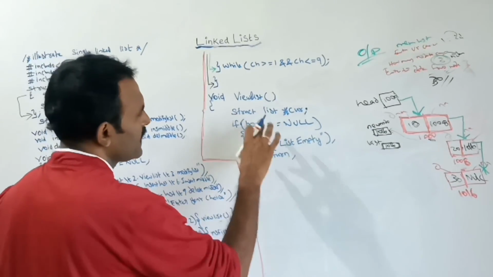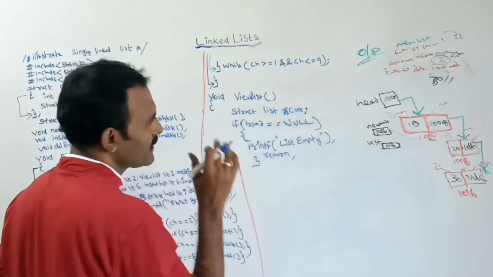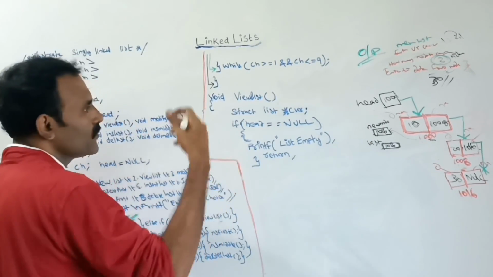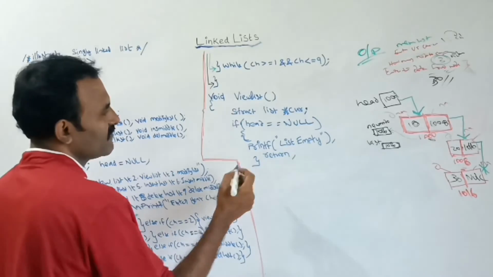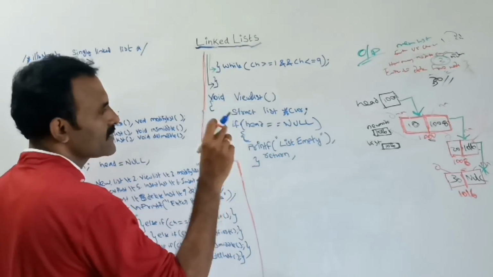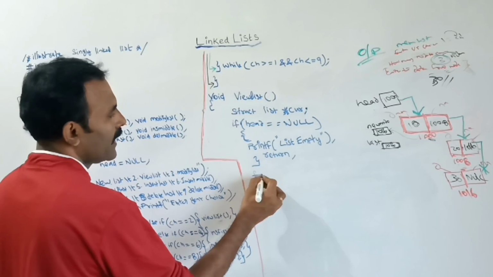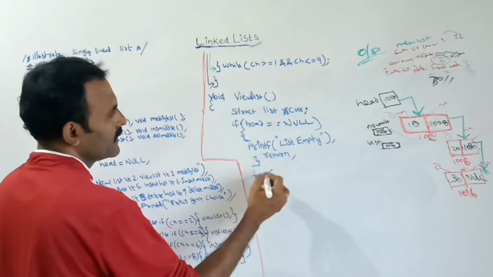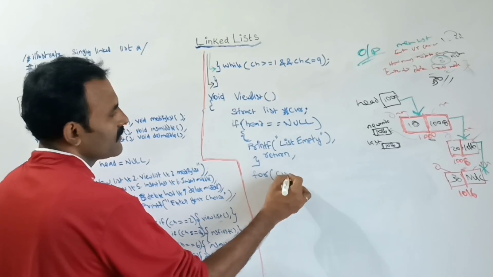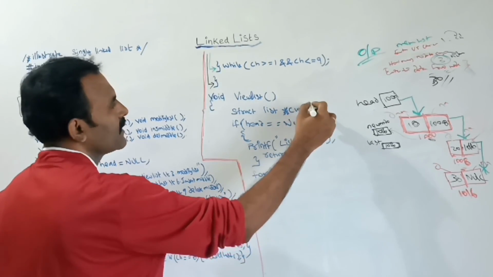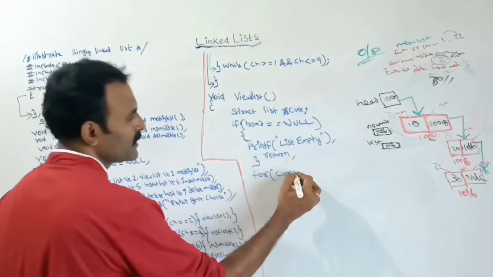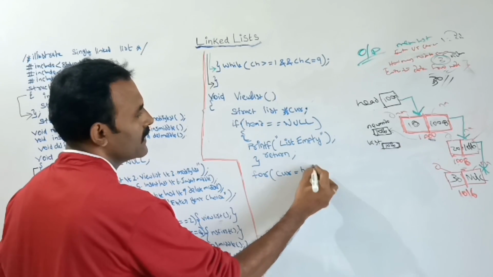if the list is empty, then I am returning back. Here I have used return, so it will come outside of this function. Suppose this condition is false, meaning the head has some value, then I need to print that value. If there is some address, then there is a node and there is data, and I need to print that data. So by using this for loop I am printing the list. The pointer variable current is equal to the very first head address.